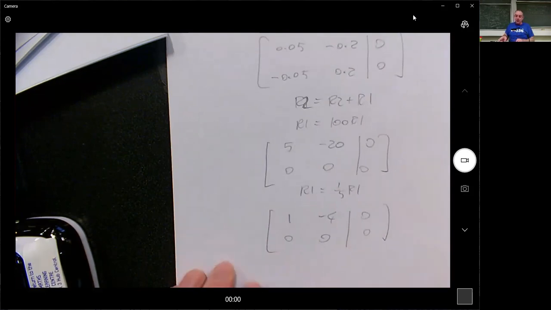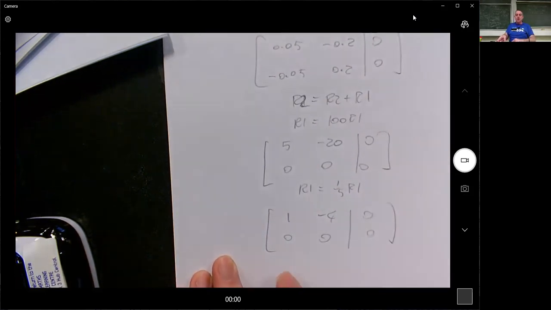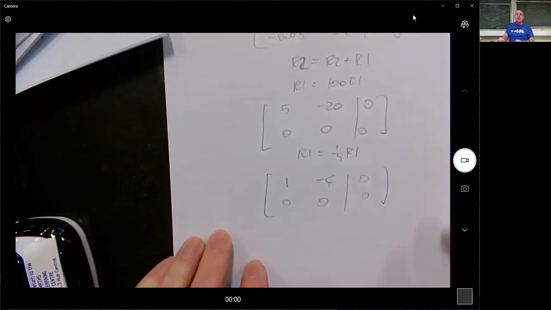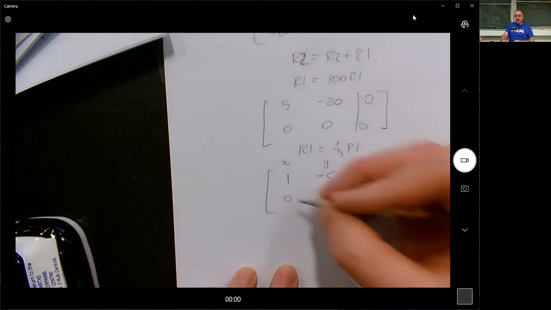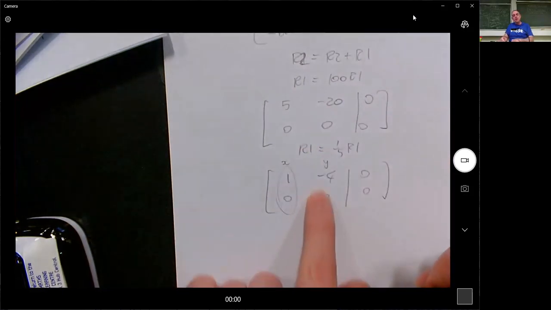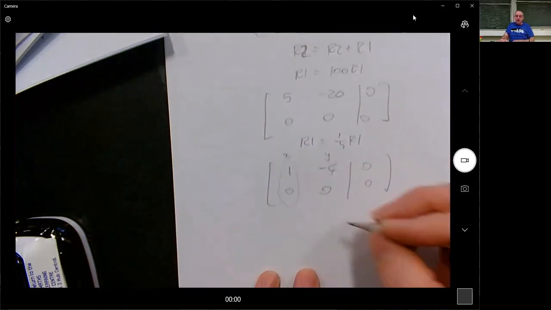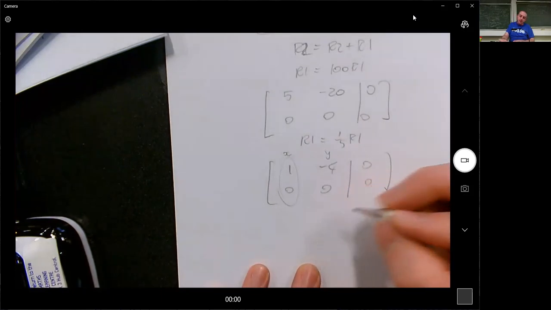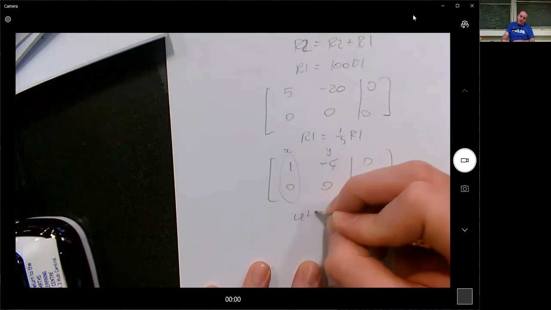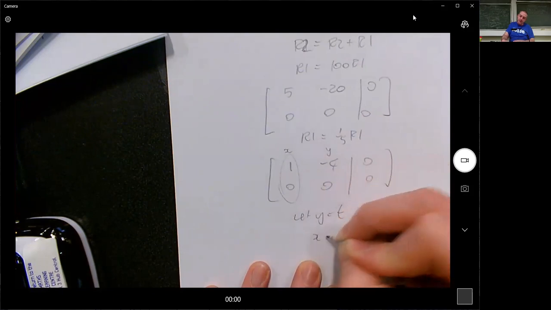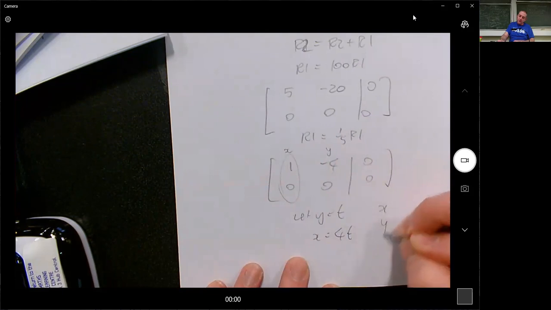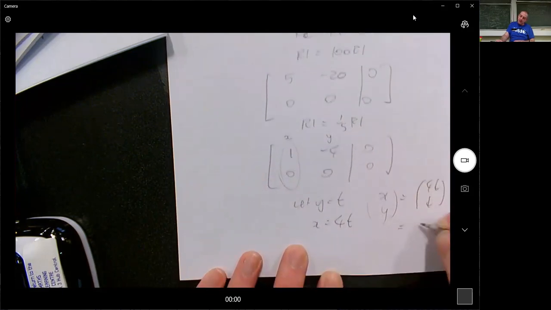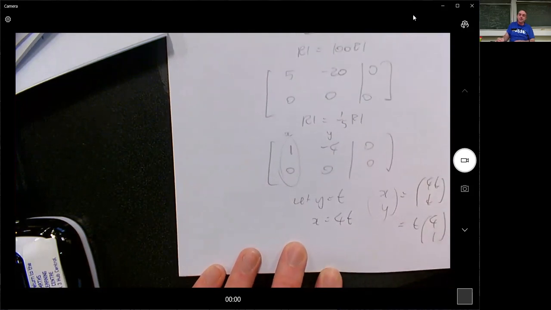Cool. And so the goal here is to figure out what x and y are that go with this, because there's an x and a y here. There's a pivot column there, and there's no pivot column here, so this one's free. So I'm going to let y be t, and then the x will be plus 4t, so I've got that x, y is 4t, t, which is t times 4, 1.